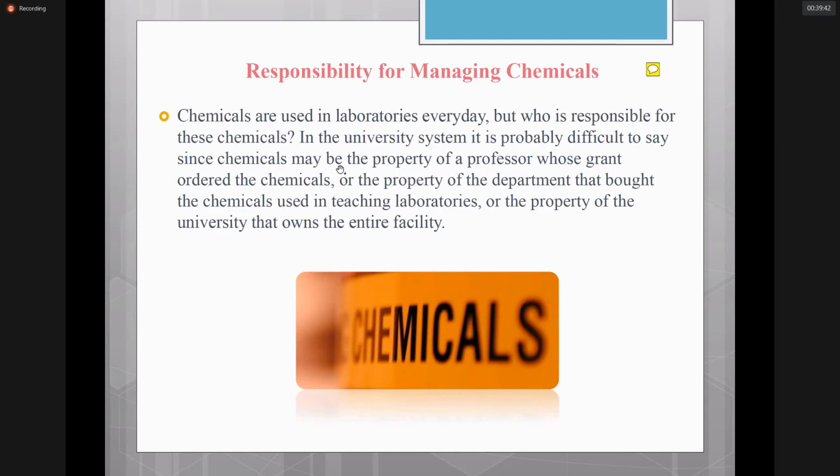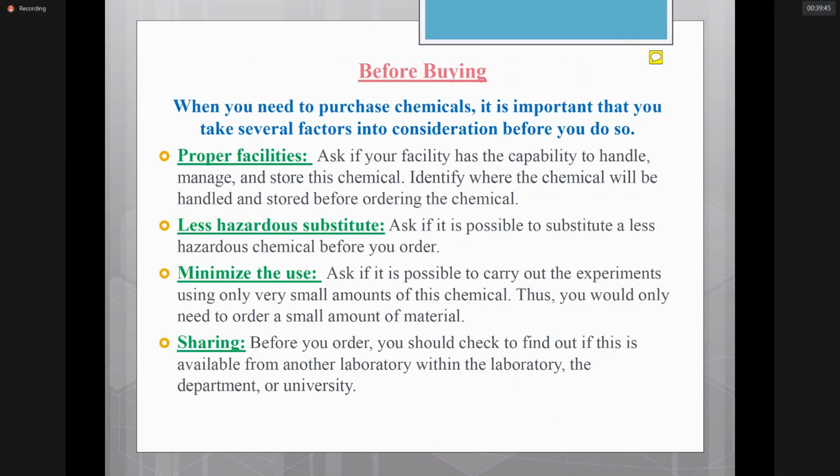We can see that before buying a chemical, professional personnel in our department and laboratory, before ordering chemicals, have to check this list and consider these main parts before we buy a chemical.